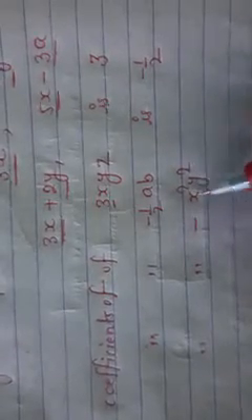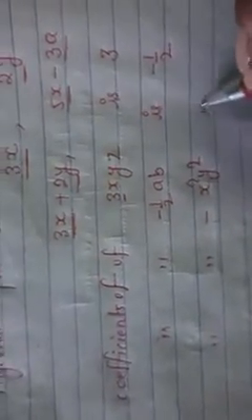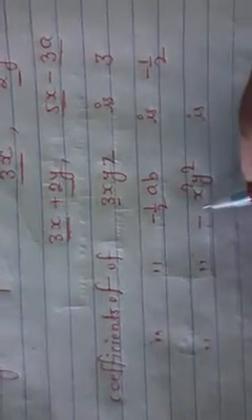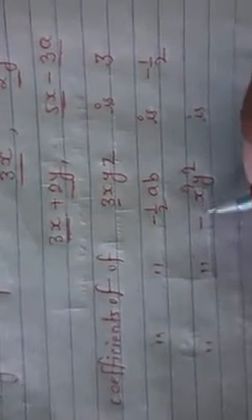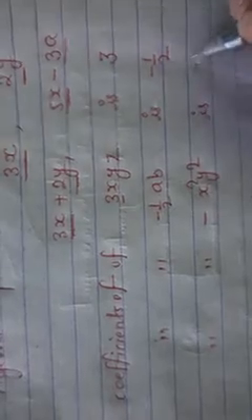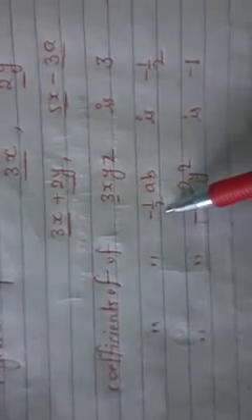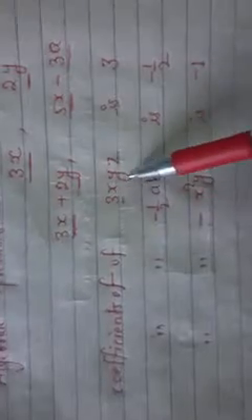So what is multiplied with x square and y square? You cannot see any number here, so it is always taken as 1, but with the negative sign, negative 1. So the coefficient of minus x square y square is minus 1. The coefficient of minus 1 upon 2 ab is minus 1 upon 2. The coefficient of 3xyz is 3.